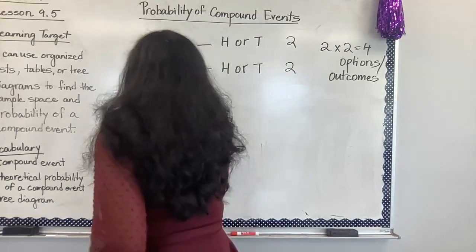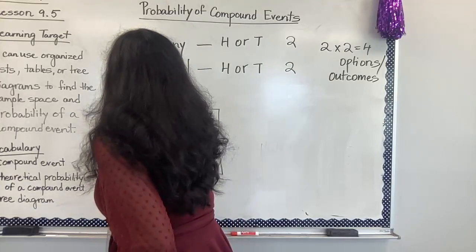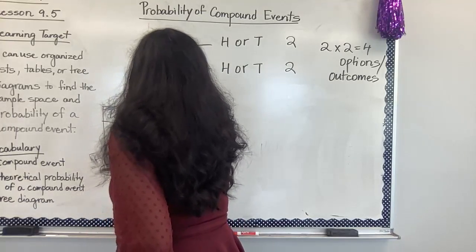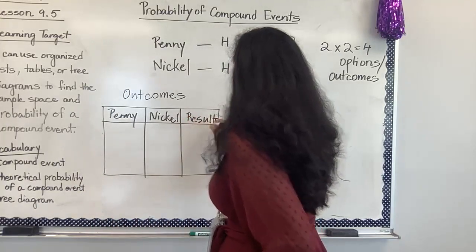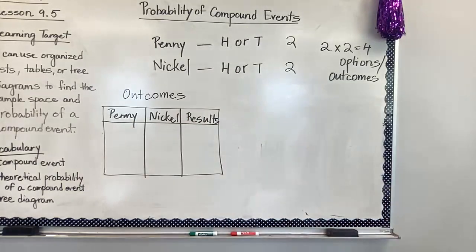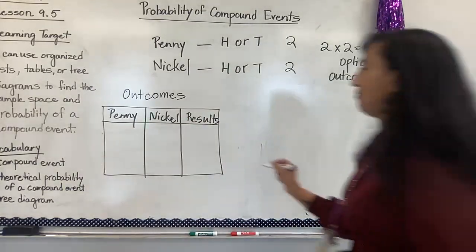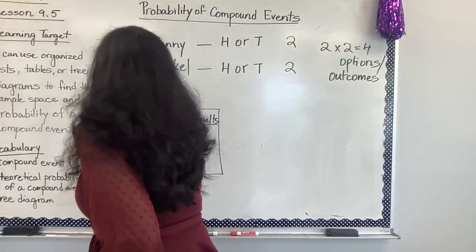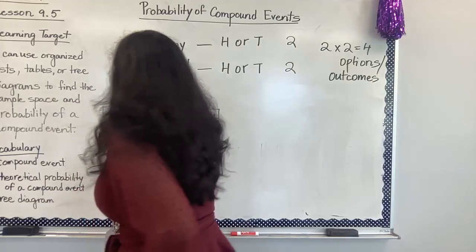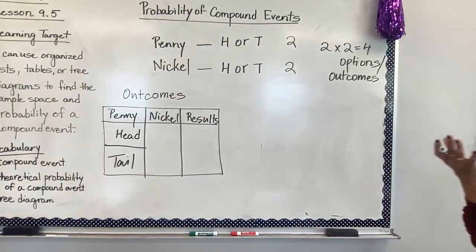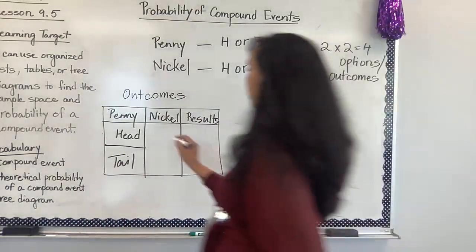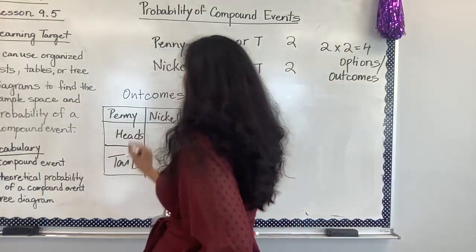So I have penny, I have nickel, and results. Now in penny, I have what? I have head and I have tail. Either I can flip heads or I can toss and get tails.